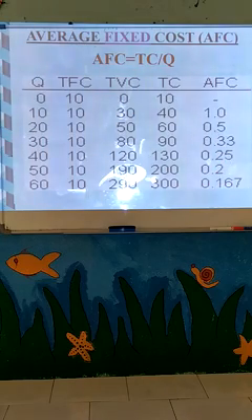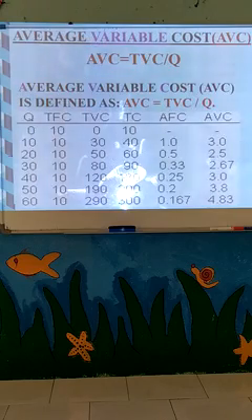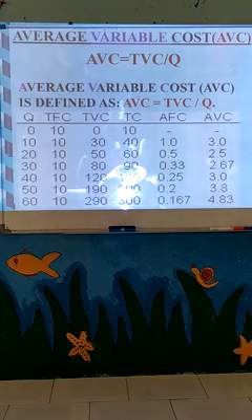So next we are going to see what is average variable cost. Average variable cost is the variable cost of one single unit of output. So the formula for average variable cost is total variable cost over quantity.